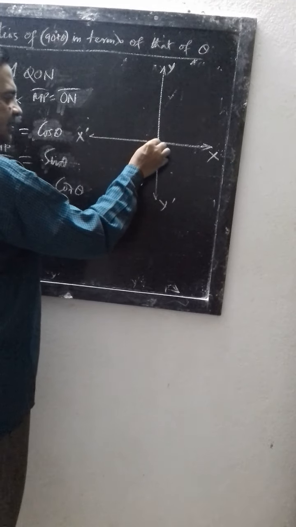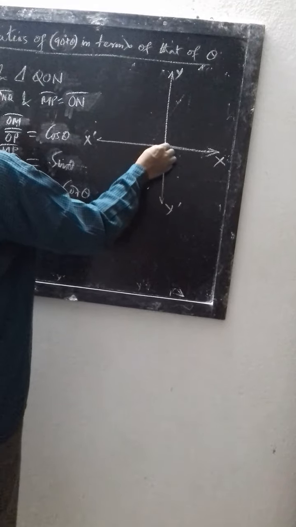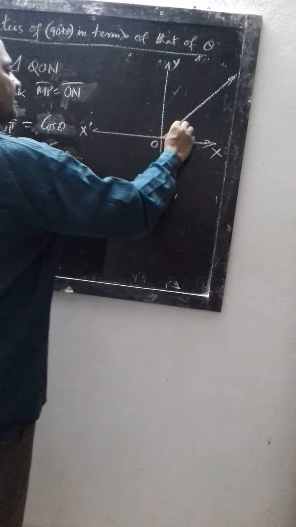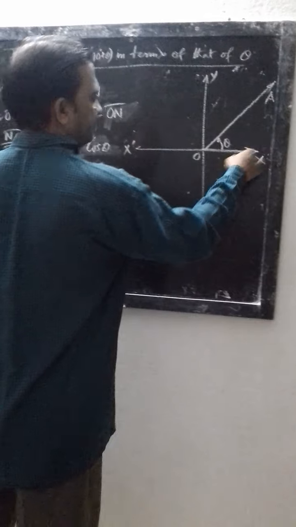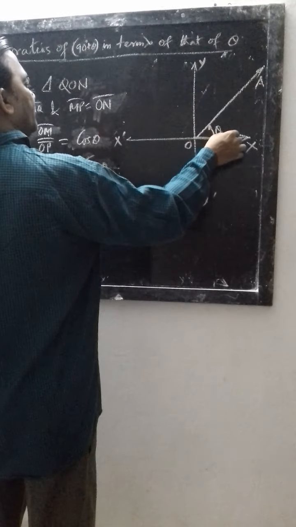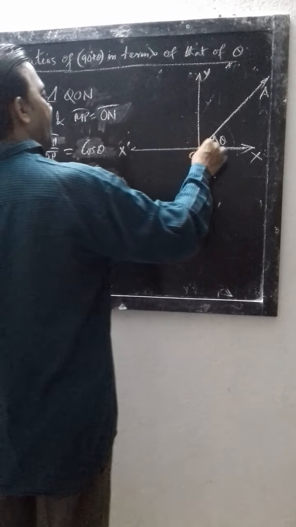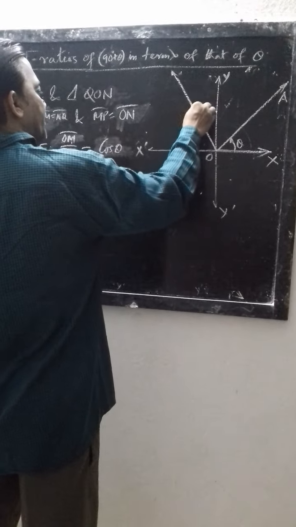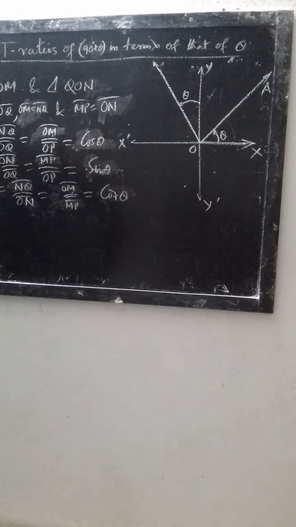Let the line OX rotate through an angle theta in the anti-clockwise direction. Now the line OX rotates to OY, that is 90 degree, and then rotates an angle theta in the anti-clockwise direction.